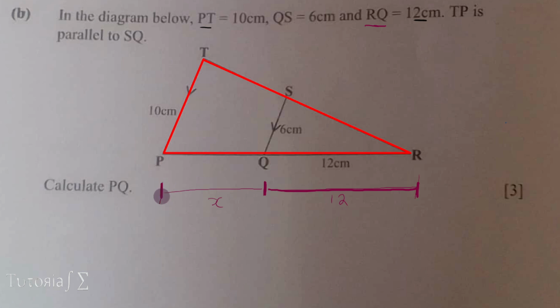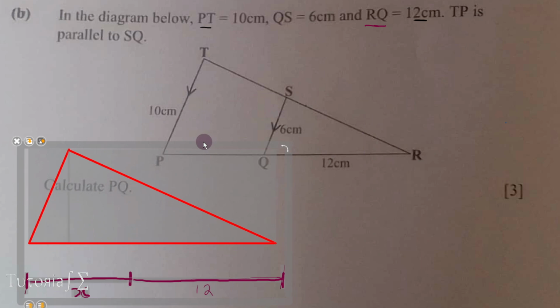So from P here to Q, we don't know the length, and we can just put an X there. Okay. Now let me pull out this triangle right now. If I were to pull it out, it would have something like this.